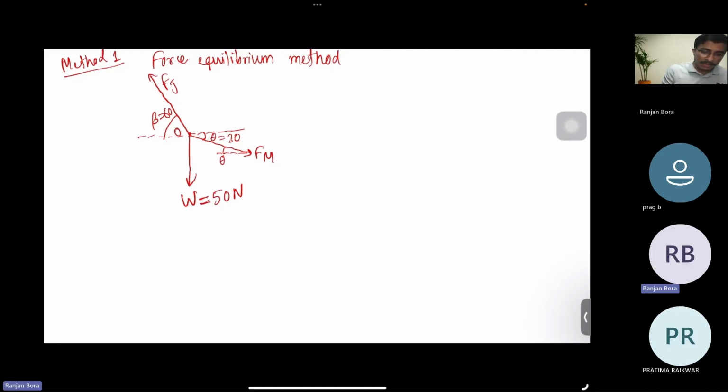Now, what is this force equilibrium method? We assume this body, the head, is in equilibrium. So it tells that summation of Fx equal to 0. The body will be in equilibrium only when there is no resultant force, and the resultant of all the forces should be 0.